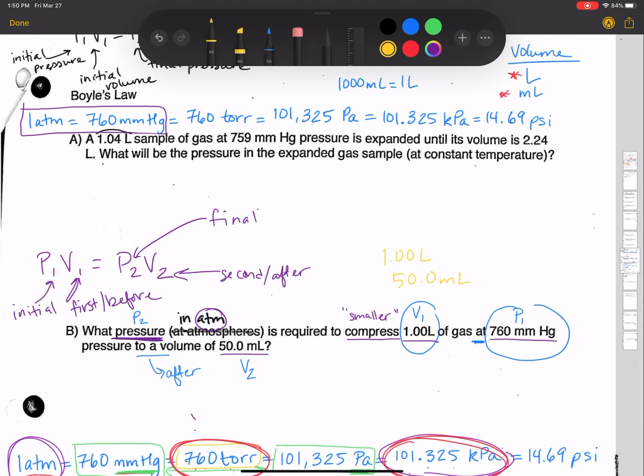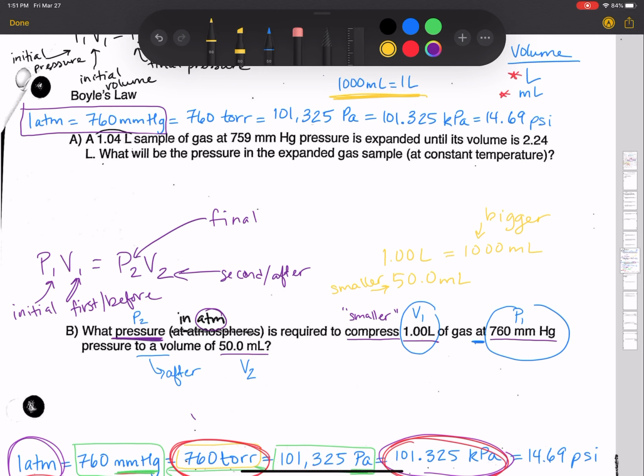These are two different units, so let's make them the same unit. We know that every 1,000 milliliters is equal to 1 liter. So if I have 1.00 liters, that means I have 1,000 milliliters. So now this is bigger and this is smaller.